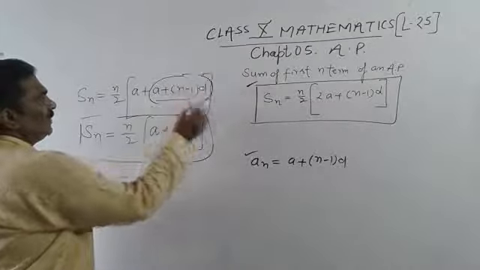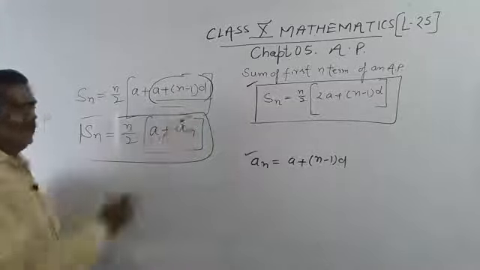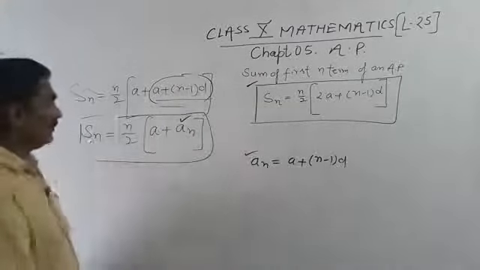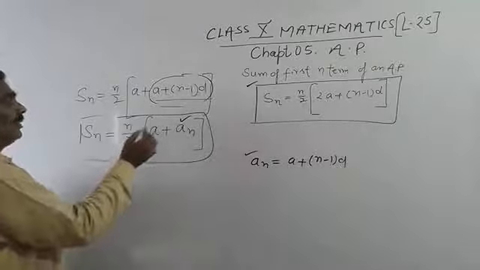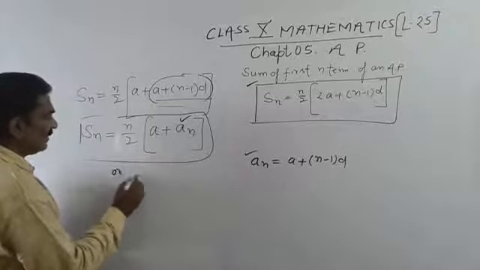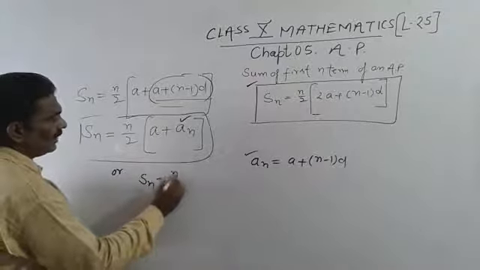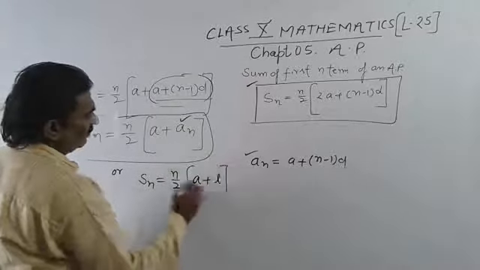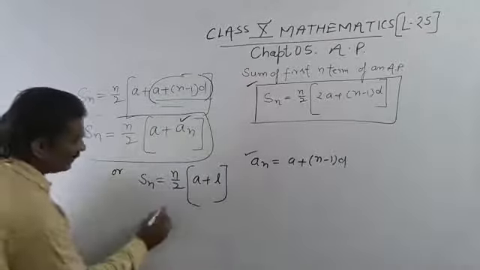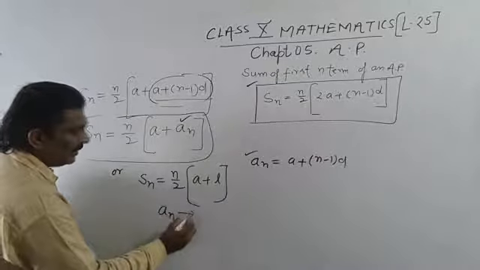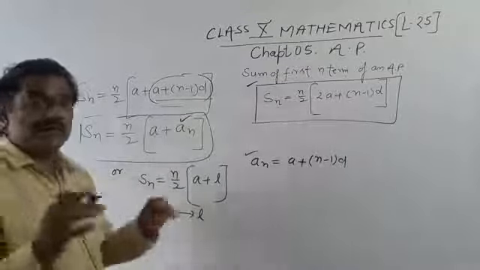The part a plus n minus 1 into d can be written as an, so directly you can write Sn, the sum of n terms, is equal to n upon 2 under bracket a plus an. Sometimes you can also write Sn is equal to n upon 2 under bracket a plus l, because an, the nth term, is sometimes called l, the last term.